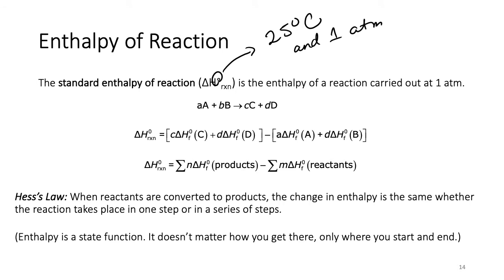So the way you calculate this is delta H of reaction is going to equal the sum of the moles times delta H not of formation of products minus the sum of the moles times delta H not of formation of reactants. And just like anything else, the change in enthalpy is going to be the same whether your reaction happens in one step or a series of steps.